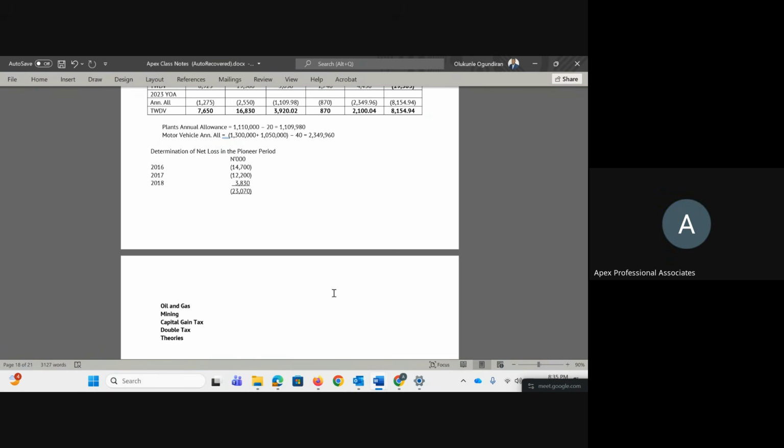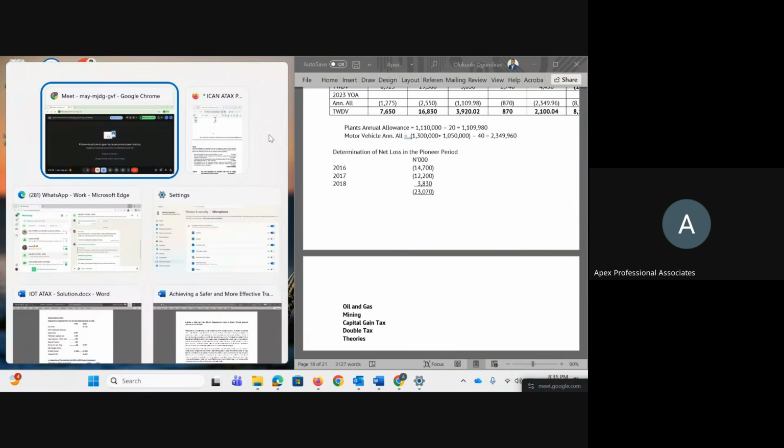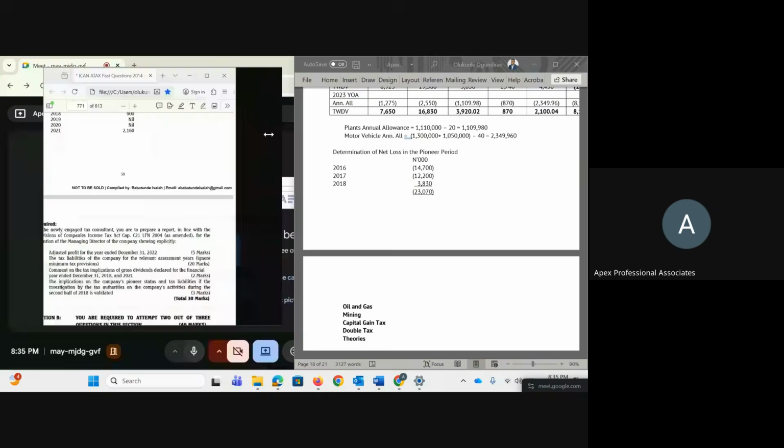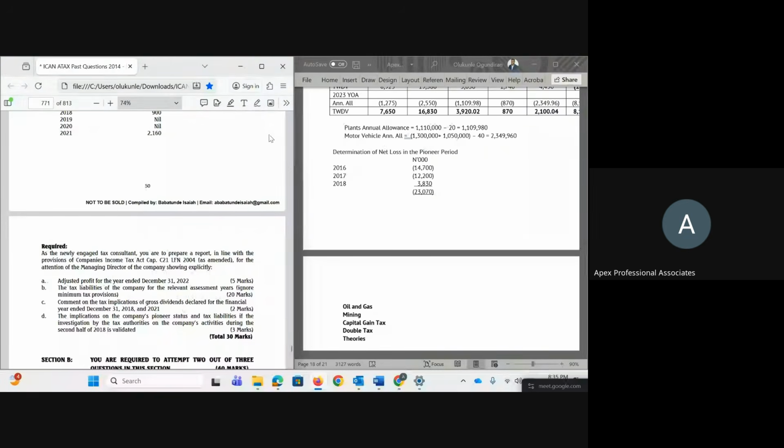The idea there is this: you have to keep 10 naira per asset that you have in the final year of assessment. They told us that the plants were 2, that's why we did minus 20 naira. And they told us that the motor vehicles were 4, that's why we did 40 naira.